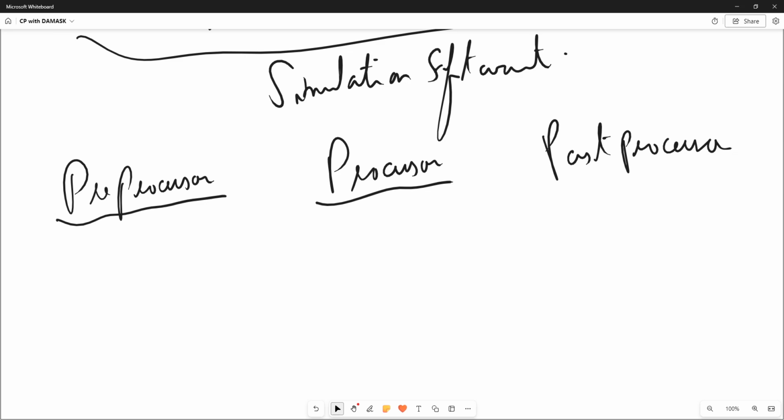So everything related to solving these equations, right? And post-processing is basically refining the output data and presenting it in more meaningful ways or terms or graphics, let's say, right? So visualizing what has been solved and what has been stored in a more meaningful way is covered in post-processing.